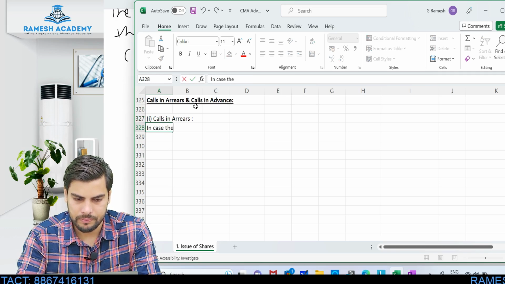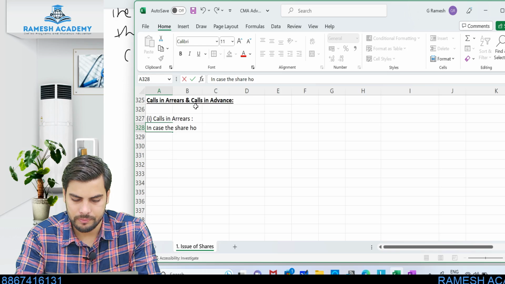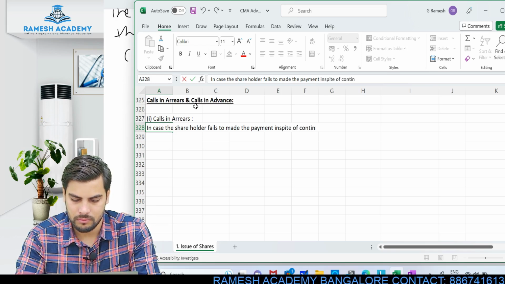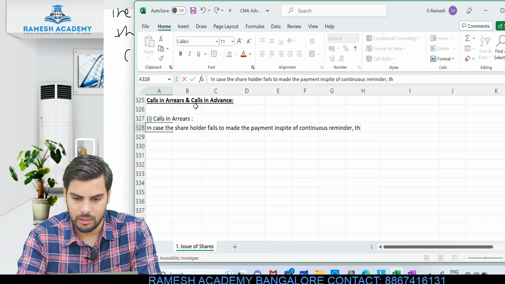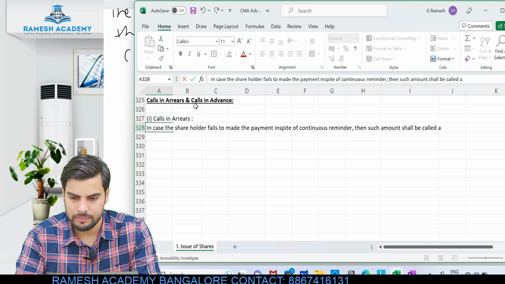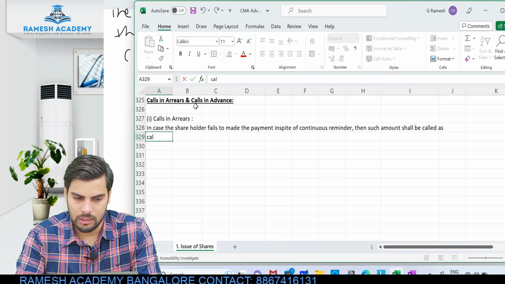In case the shareholder fails to make the payment in spite of continuous reminder, then such amount shall be called as calls in arrears.